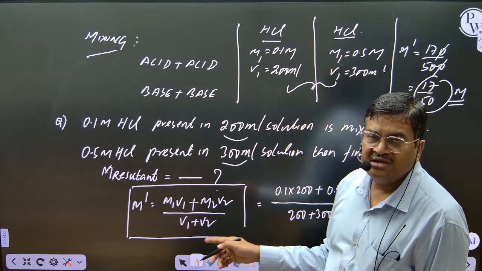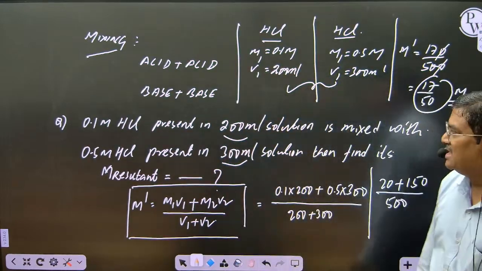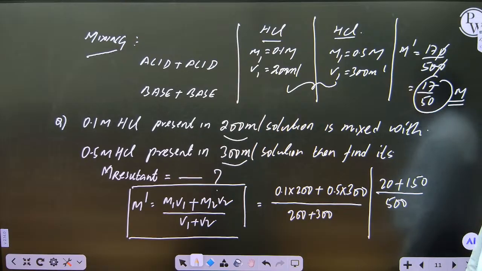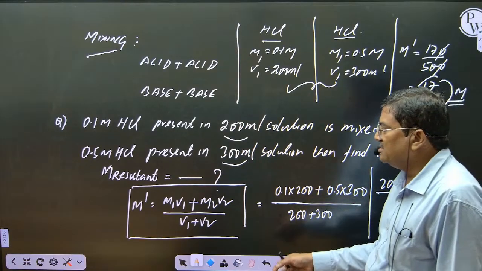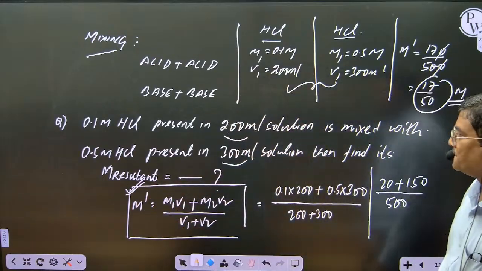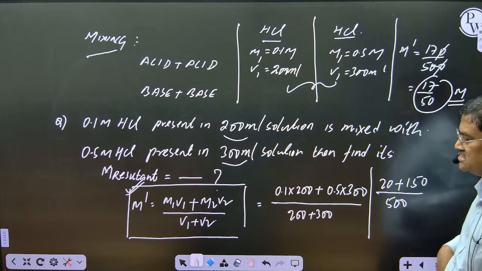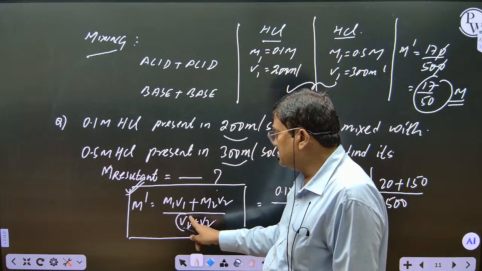So when two similar substances are mixed with each other, how do we get the resultant molarity? M1V1 plus M2V2 by V1 plus V2. Here the volume of the solution is additive, no? So V1 plus V2 in the denominator.